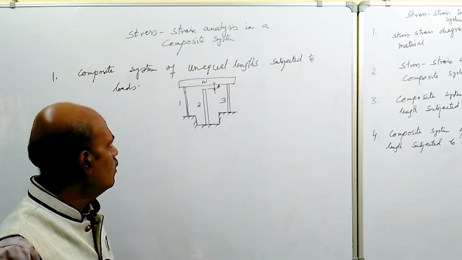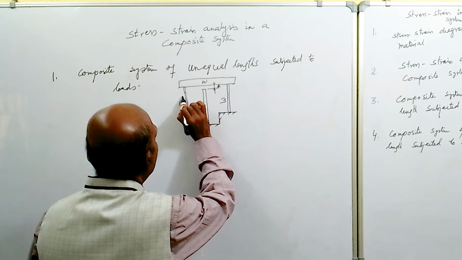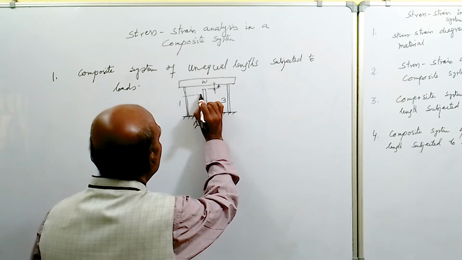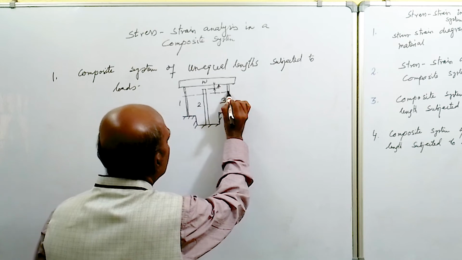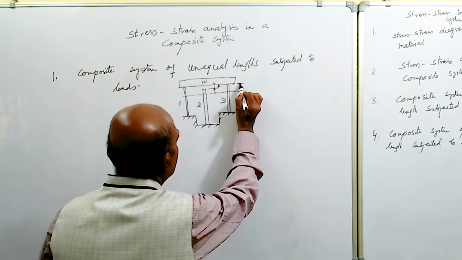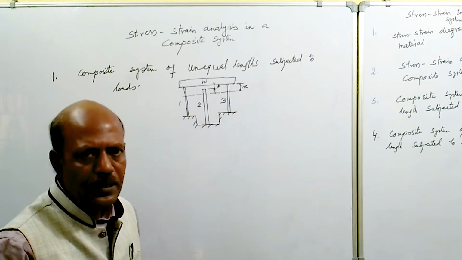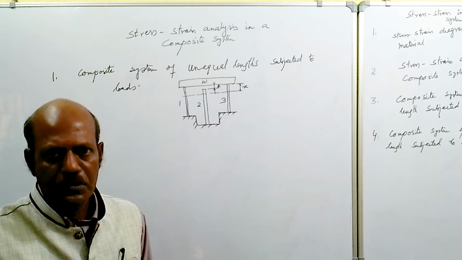Now we don't know how much, so to solve this problem, let the total deformation be x, the amount by which the load comes down.